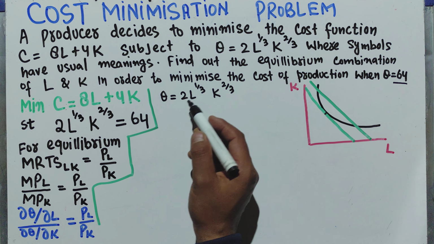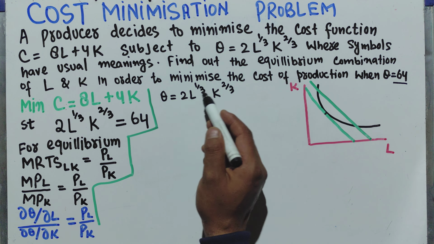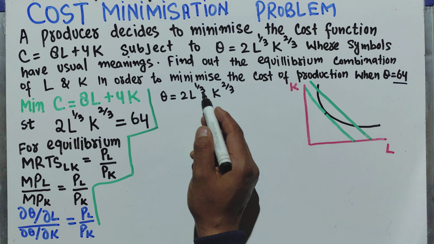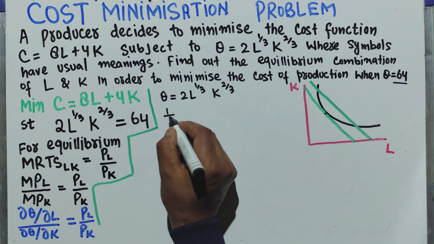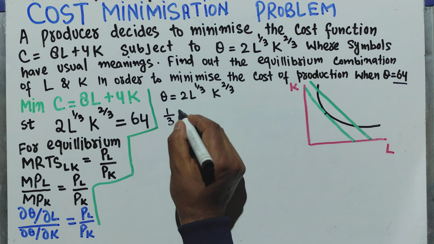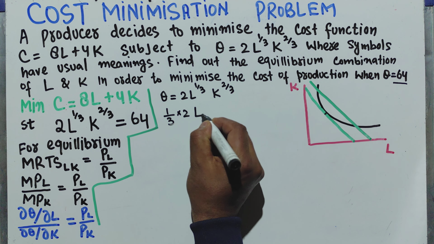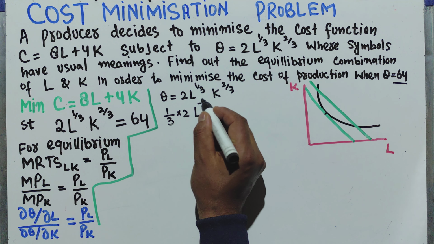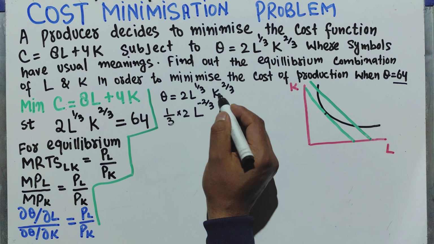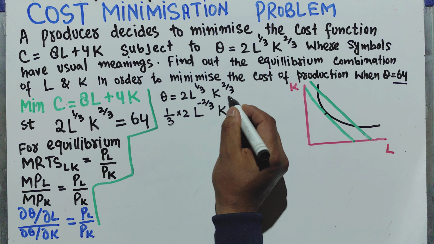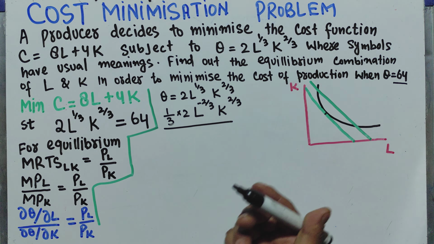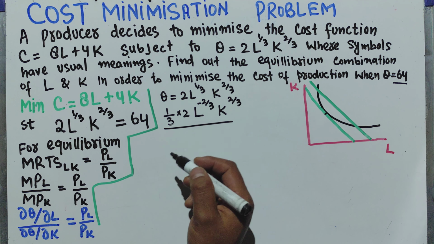So dQ/dL means the partial derivative of this function with respect to L. Using the power function rule, 1/3 becomes the coefficient. Then we have 2, and the exponent is subtracted by 1. So 1/3 minus 1 is minus 2/3. K^(2/3) will remain the same because we are taking the partial with respect to L.